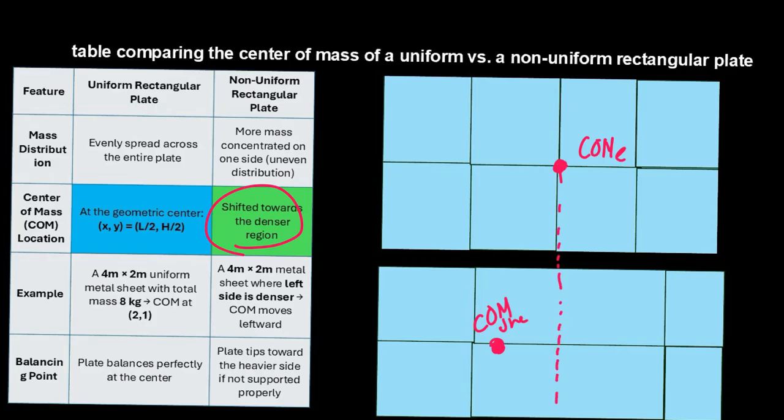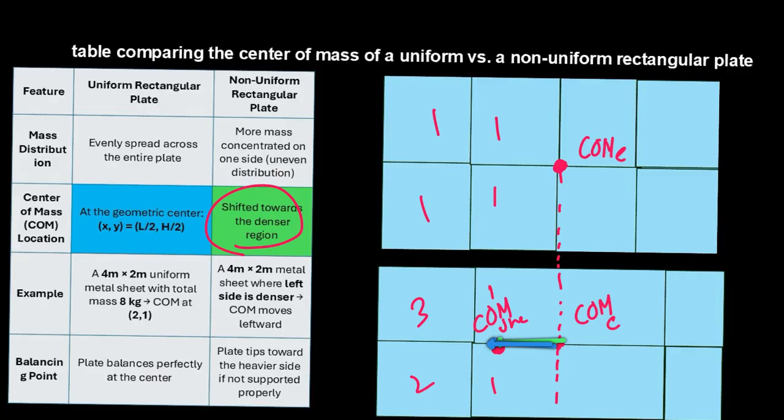If you compare these two, the point where the center of mass of even distribution was present has shifted towards the region where there is more mass density. We earlier said that this was 1, 1, 1, and here it was 3, 2, 1 and 1. So the center of mass has shifted towards the region where there is more mass present.